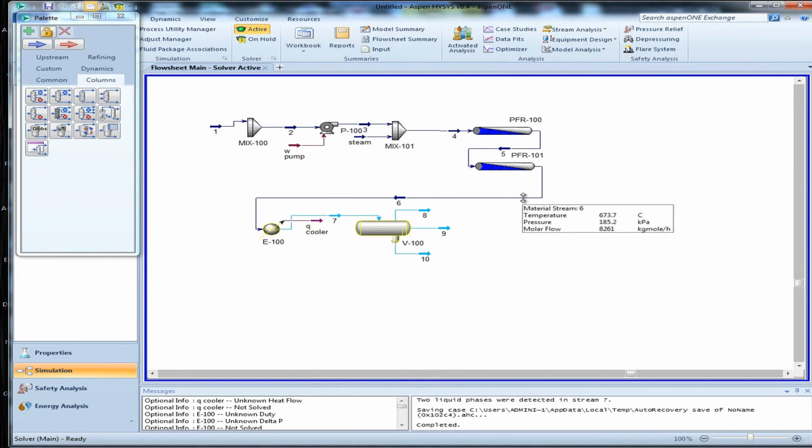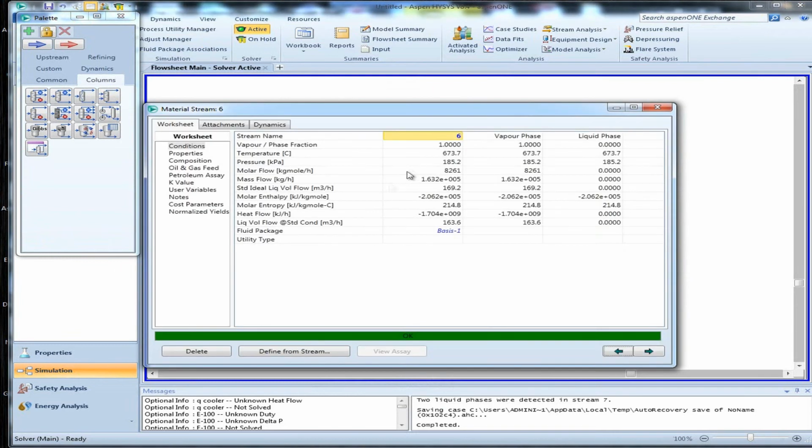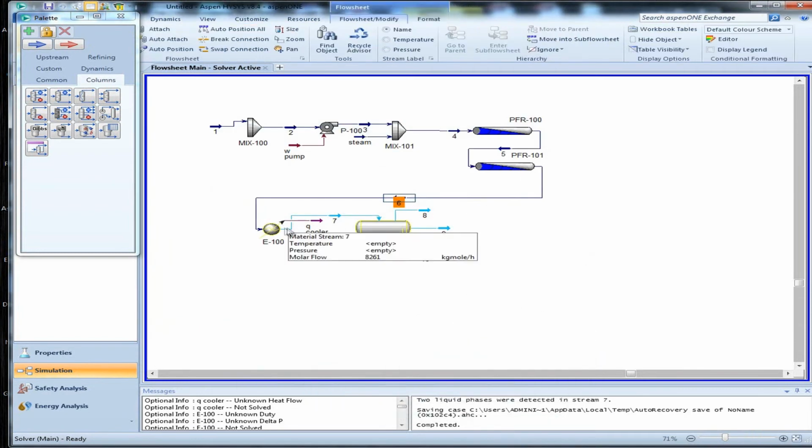Okay, we do have to reduce the temperature and pressure from the outlet here. Let's check again. We have the gaseous phase coming out from the reactor, and this temperature and pressure is quite high. So what we do is reduce the temperature and pressure, ready for the flash.